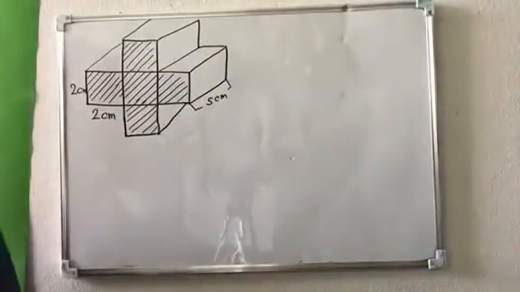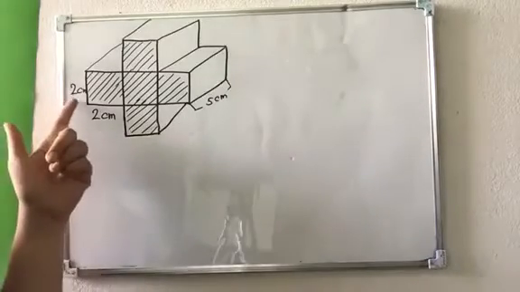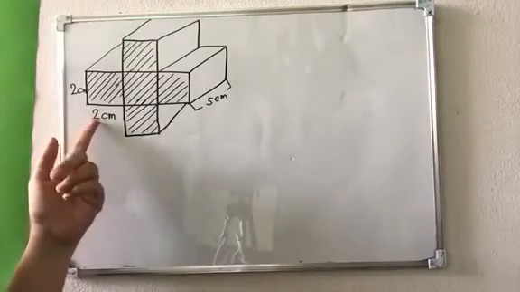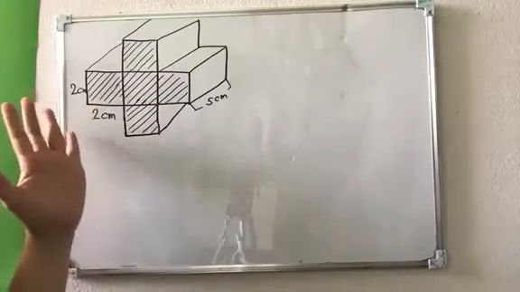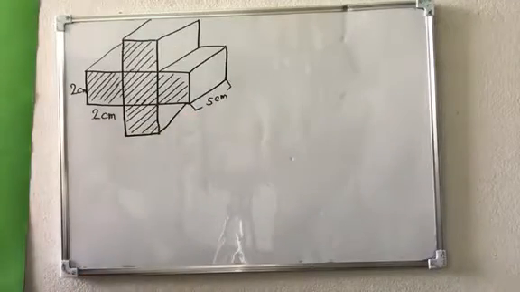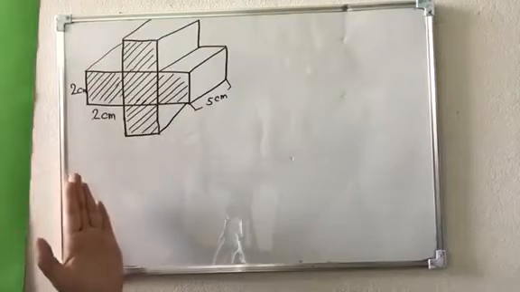Okay, so another example, we have a given figure here. This side is 2 centimeter, meaning all of these sides are 2 centimeter, and the height of the prism is 5 centimeter. Now let's try to find the surface area of this given figure.